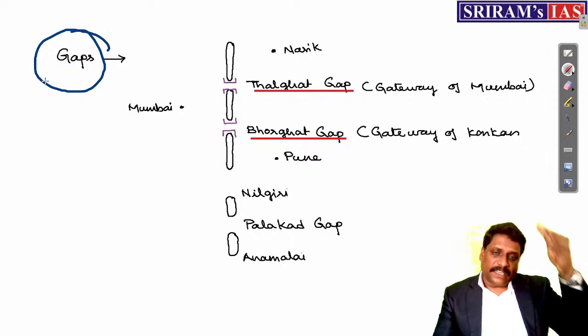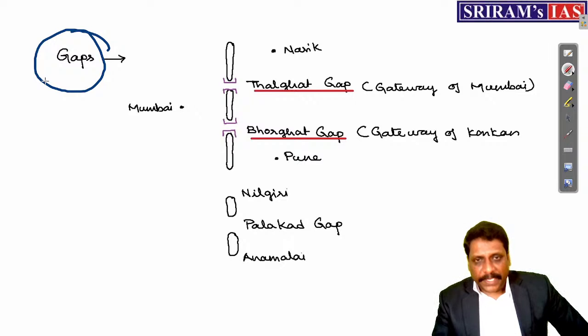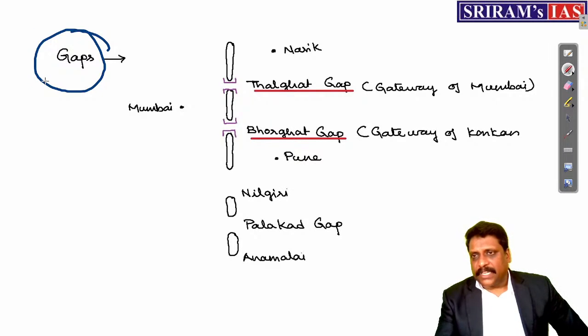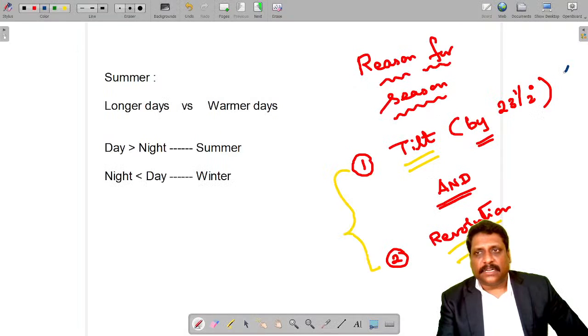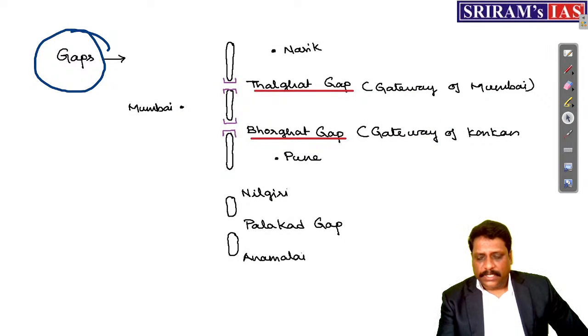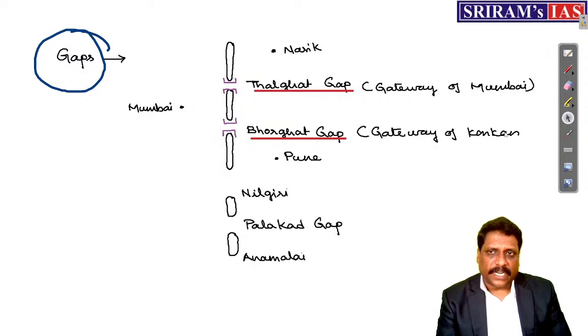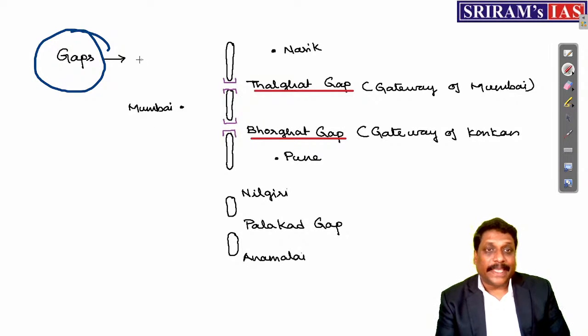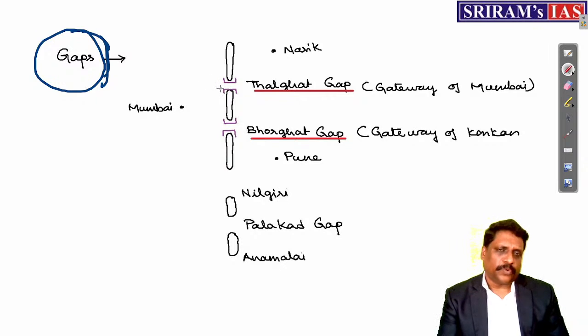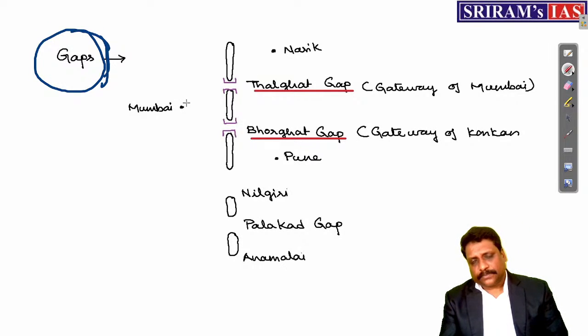So ascending and descending along the mountain is not so easy, right? And what facilitates the transit and transport? Somewhere I understand it is all about the gaps, my dear friends. Whatever gaps you have, gaps are the ones which facilitate transit and transport. What does a gap mean, if you ask me?